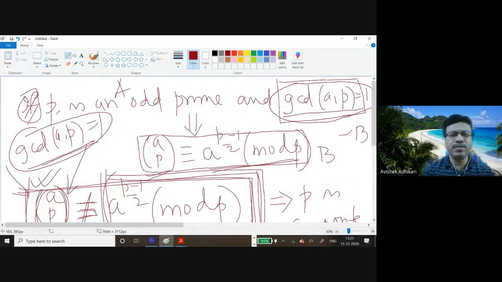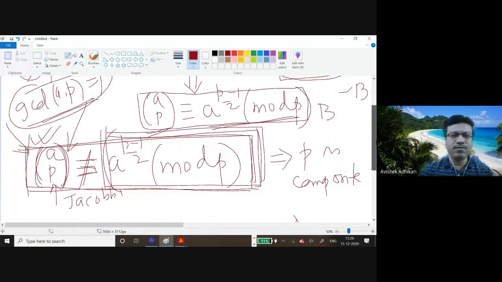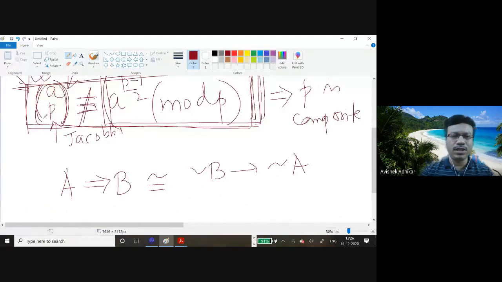That means P is a composite integer, because the n here is always an odd integer. What we want to check here is whether the number is prime or not. If you want to check whether the number is prime or not, the first thing you should check is whether the number is even or not.